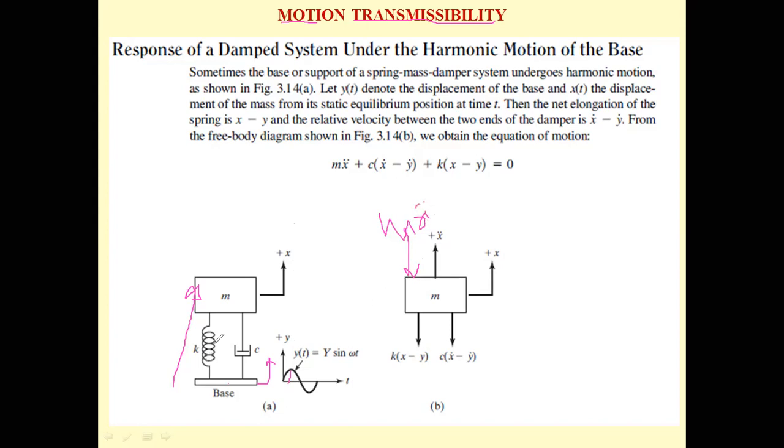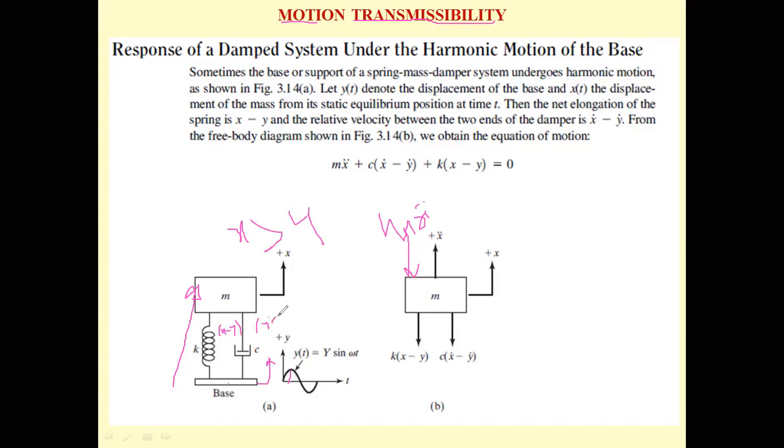Now this mass is displaced by x and the base is displaced by y. In that condition, x is greater than y. If we assume this condition, the total displacement of the stiffness is x minus y, and the total velocity for the damping is x dot minus y dot.